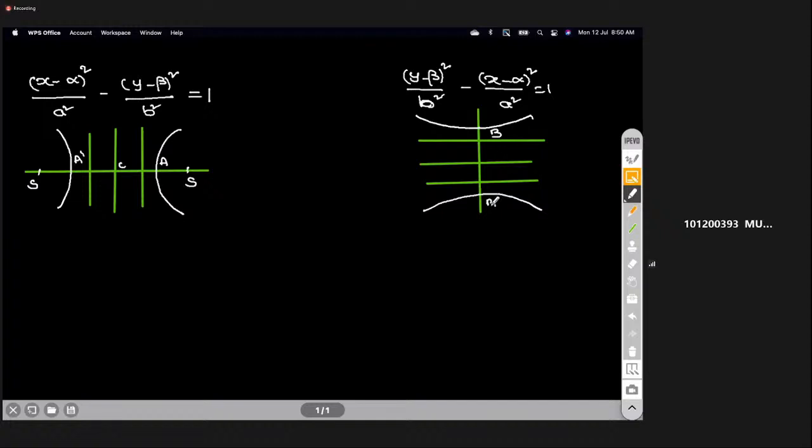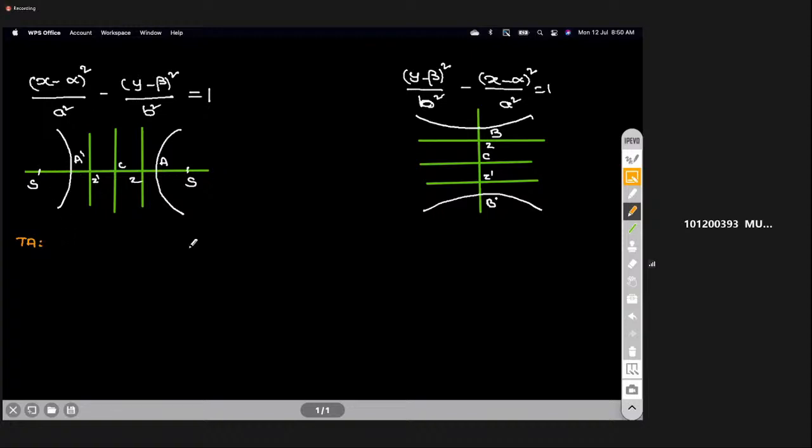B dash, C, Z dash, Z. Here also Z dash, Z. So you write here the transverse axis. This is the transverse axis.